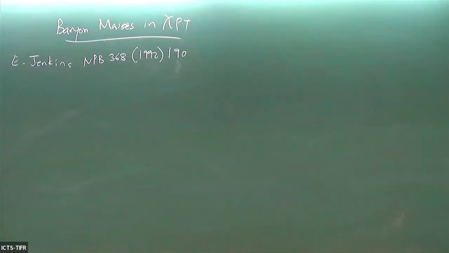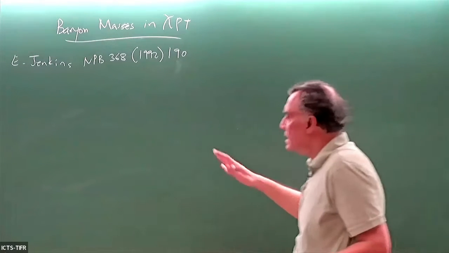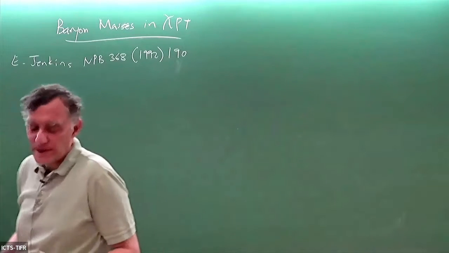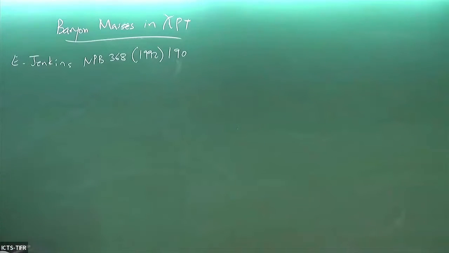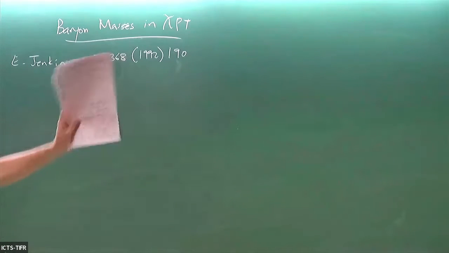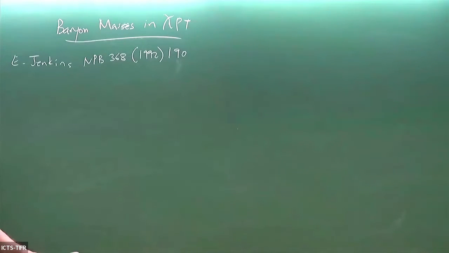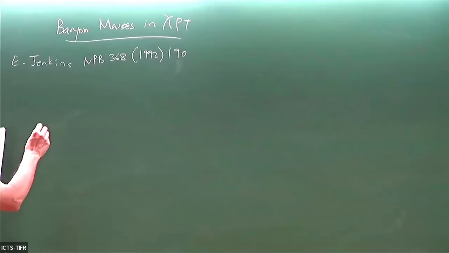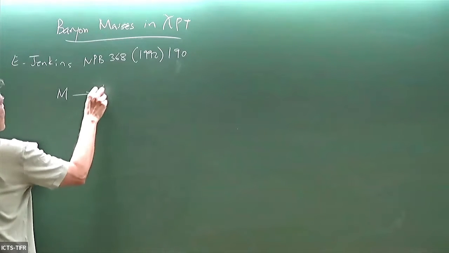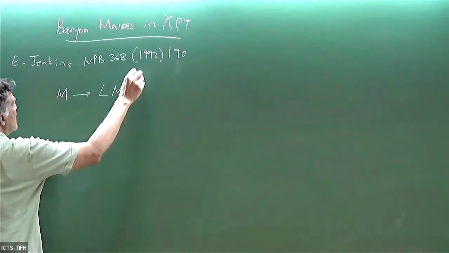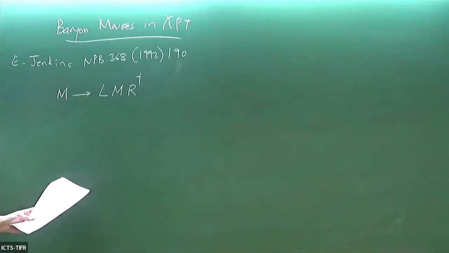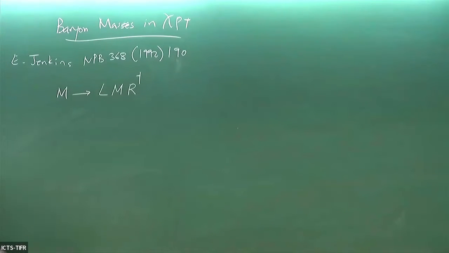But there are some features about the Lagrangian which I wanted to point out. So, okay, the part which has been erased, we were working in the pure chiral limit. And now we have, as for mesons, the extra M, a mass matrix, and we are working to first order in the mass breaking.